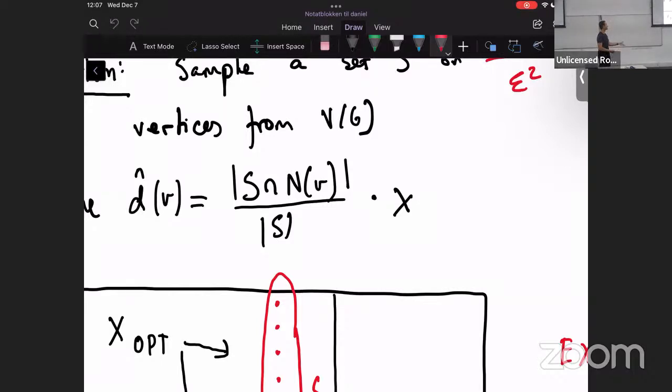I sample log n over epsilon squared many times, and now I count how many times I ended up in N(v). S intersection N(v) is the number of barks I observed, divided by the number of times I could have observed a bark. That's the probability of a bark. And now I multiply it by the total probability space to say, well, here is the number of points that would have barked in the whole probability space.